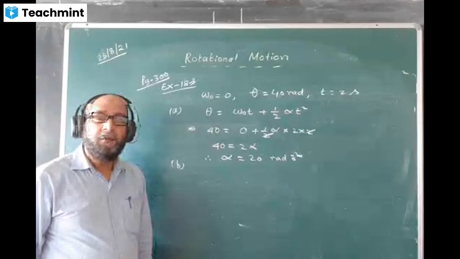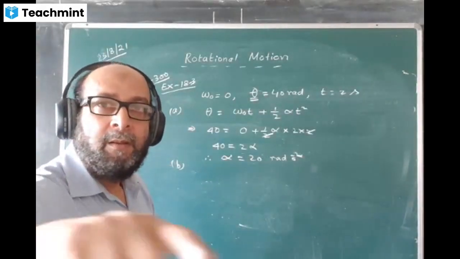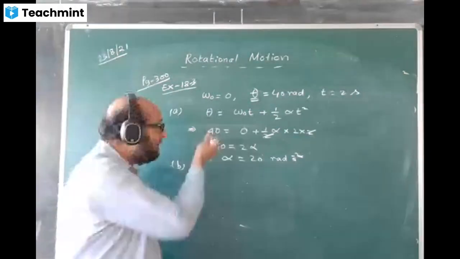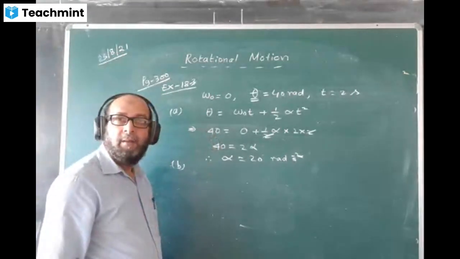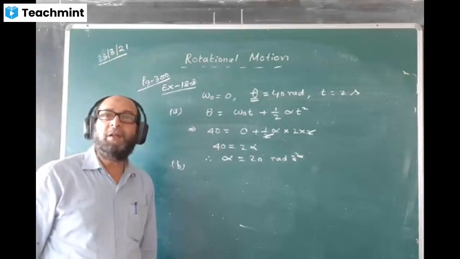Is omega given? Hello, you got my point? Yes, sir. So understood. We are not given omega for this formula. If omega naught, omega and time were given, then we could have used that formula which I used before in the previous question.